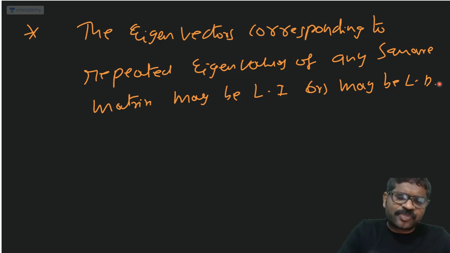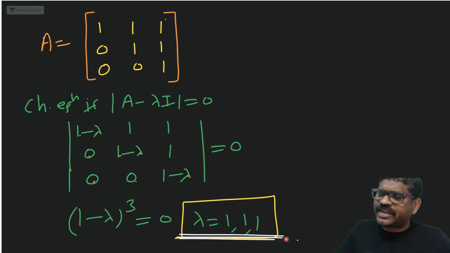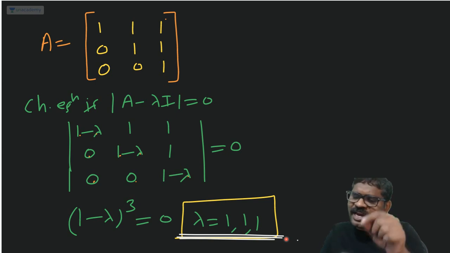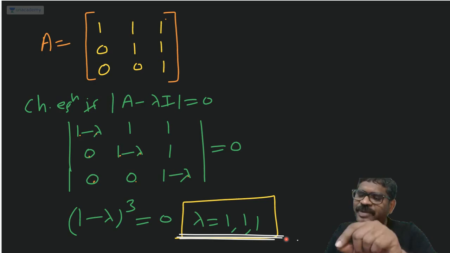Eigenvectors corresponding to repeated eigenvalues of any square matrix may be linearly independent or may be linearly dependent.